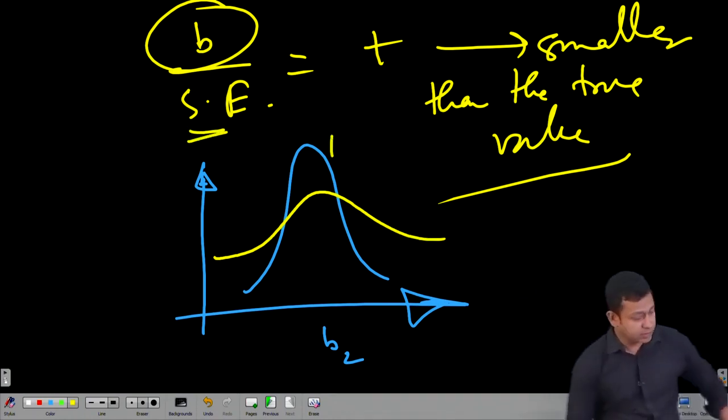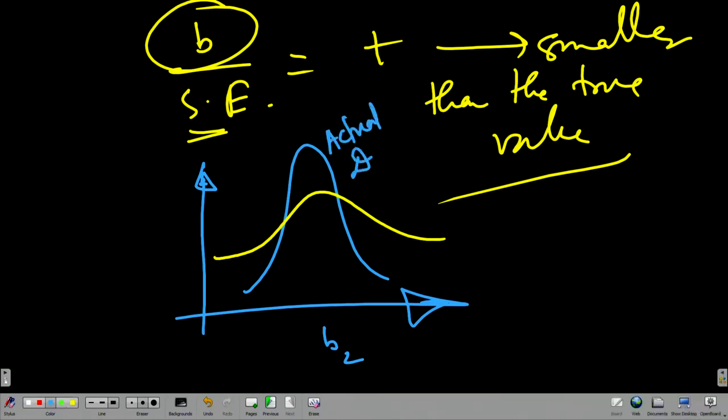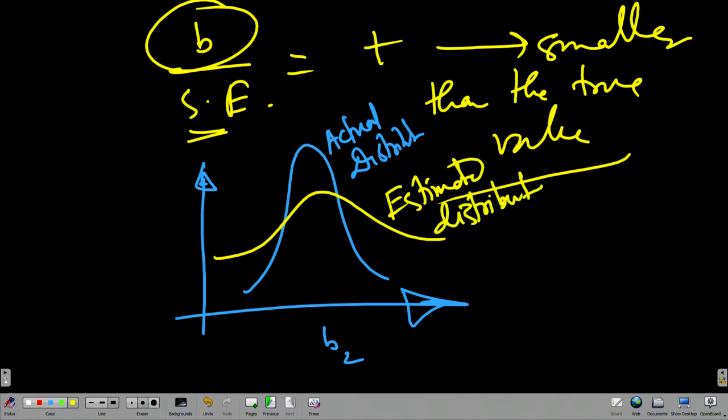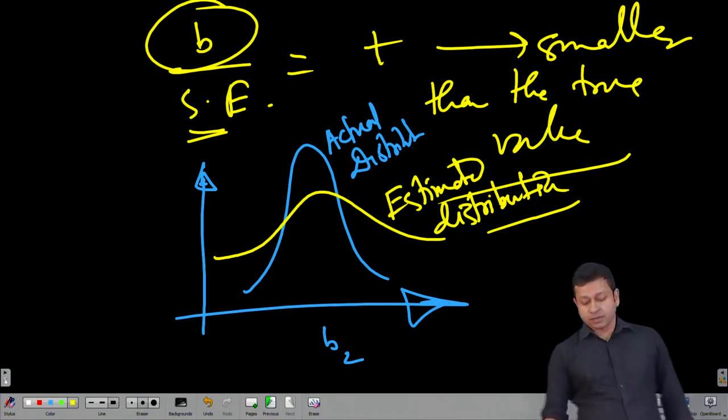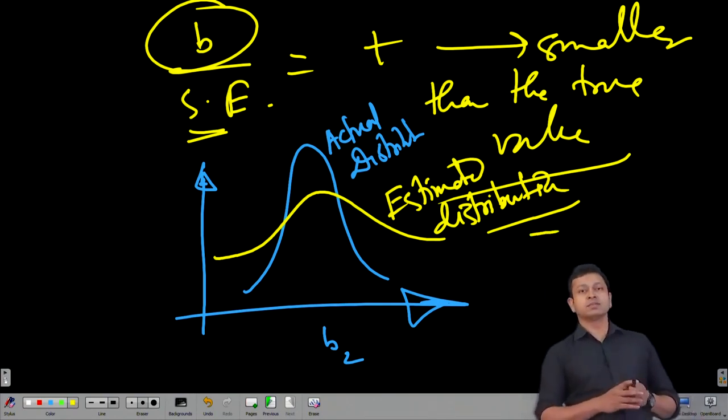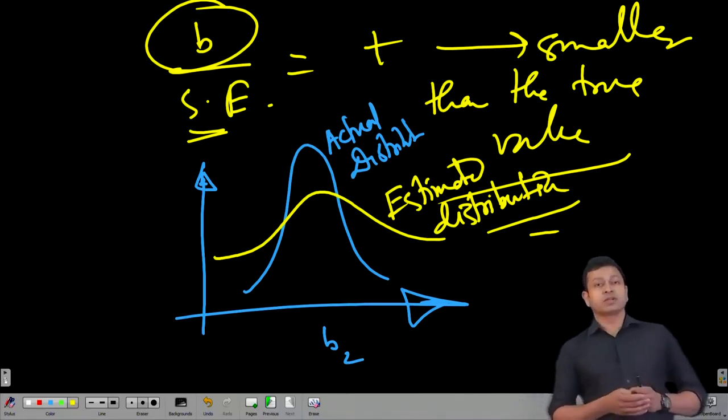So, this is the actual, true distribution, and this is the estimated distribution. This is the erroneous distribution that I have got because of the inclusion of an irrelevant variable. So, with this we have covered the problem of omitted variable bias as well as the problem of inclusion of an irrelevant variable.